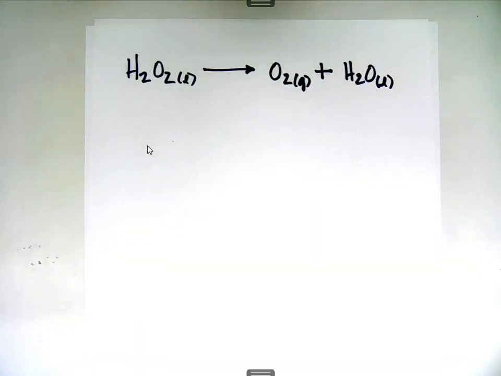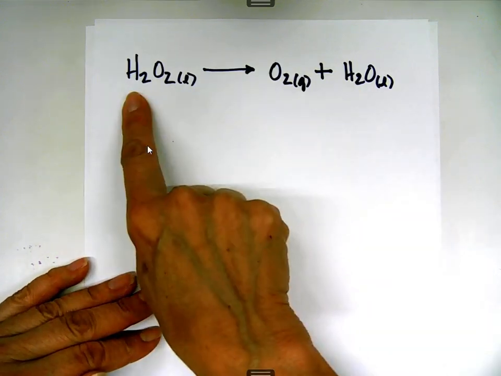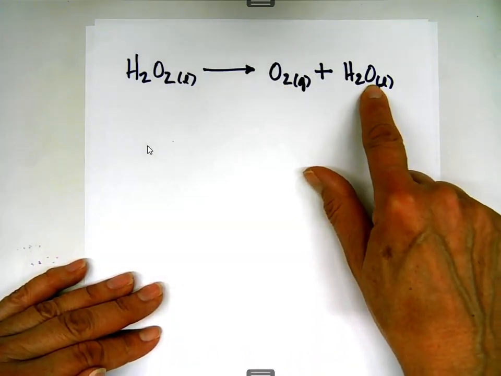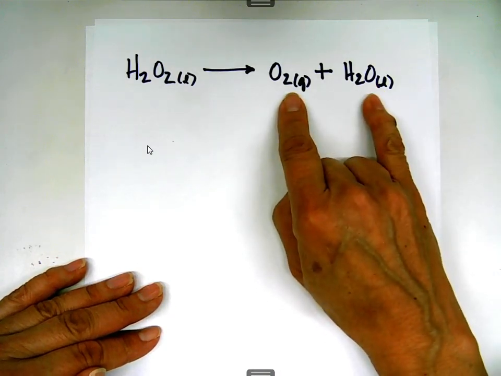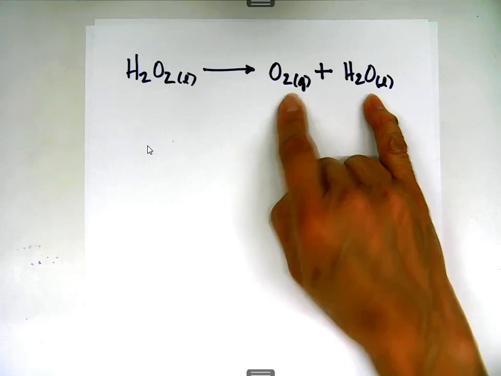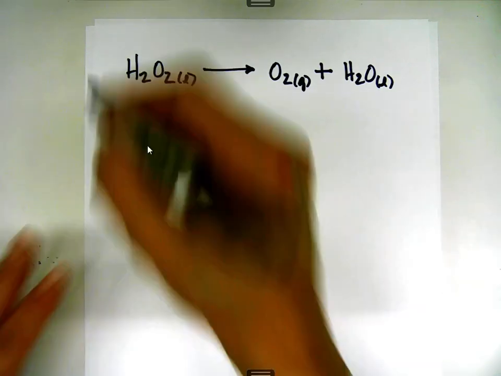Is that balanced? Don't think so, because we've got two hydrogens there and two hydrogens there. I've got two oxygens there, but then I only have one over here. I have to count all three oxygens on the product side as part of balancing the equation. So how could I fix that to make sure it's balanced? We can start with two of these, H2O2.